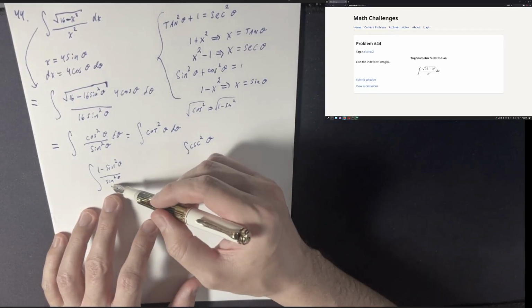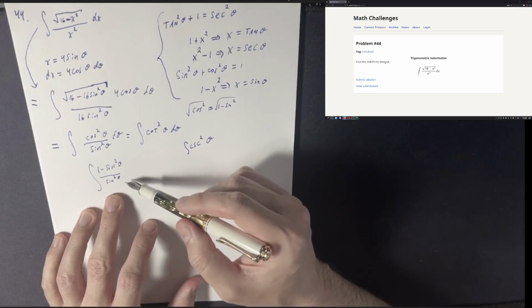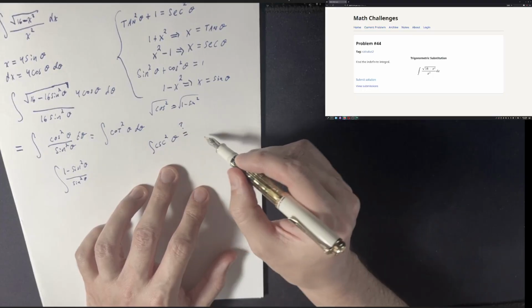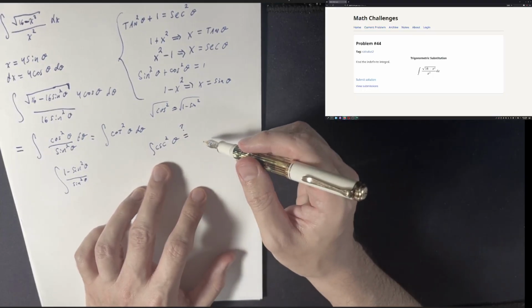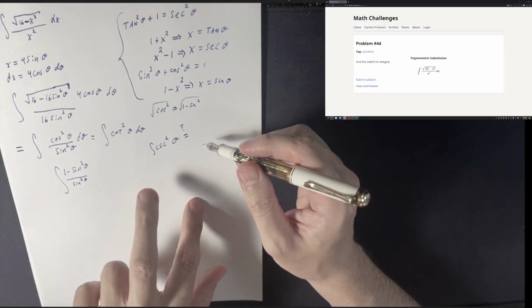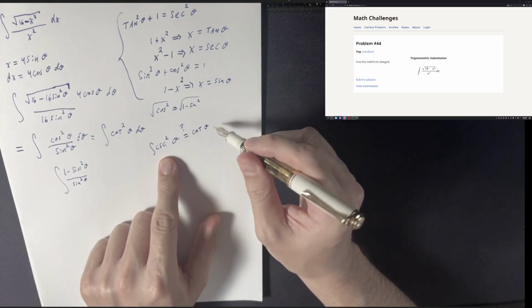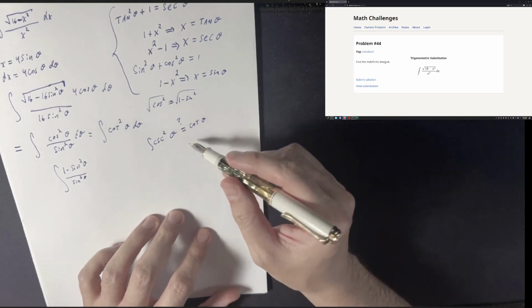This first part is cosecant squared minus 1. I don't know that off the top of my head, but my instinct would be, since the derivative of tangent is secant squared, this is probably cotan, or maybe negative cotan. So let's check that out.